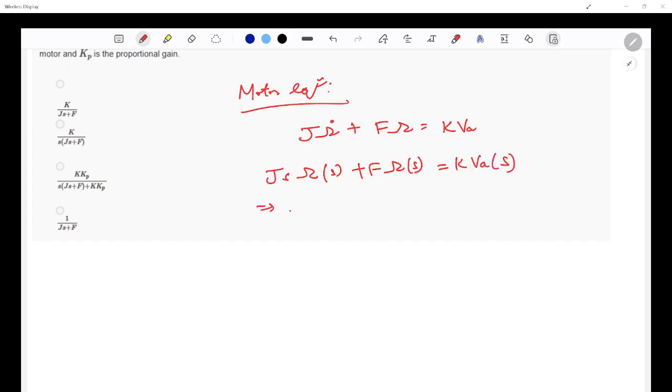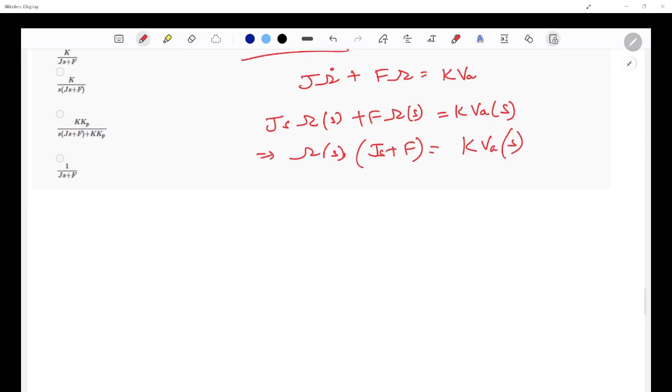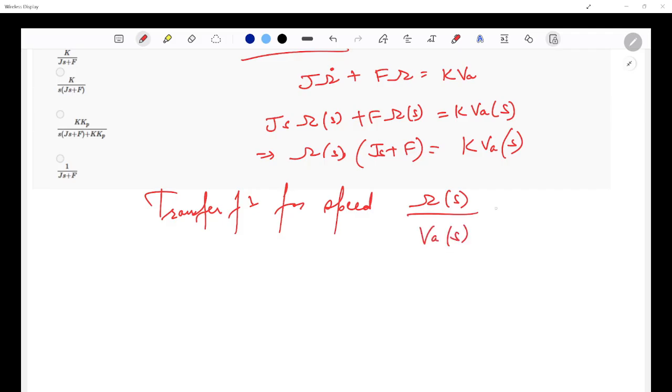From here, write omega(s) into Js plus f is equal to k into VA(s). Now the transfer function for speed, omega(s) upon VA(s), is equal to k upon Js plus f.